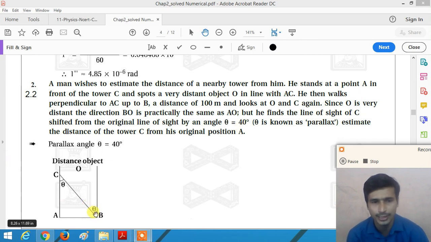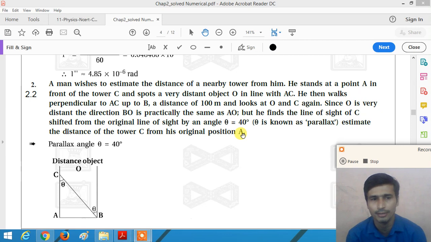So this angle theta is equal to 40 degrees, and this angle is known as the parallax angle. For more detail about parallax, see the video on the measurement of large distances by the parallax method. Estimate the distance of the tower C from his original position A.